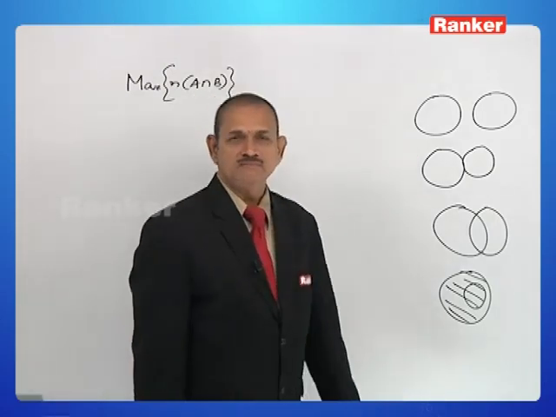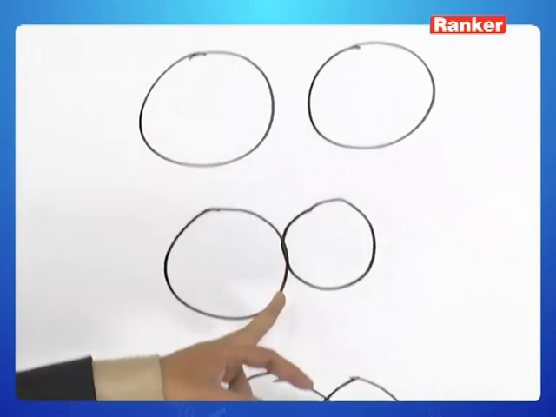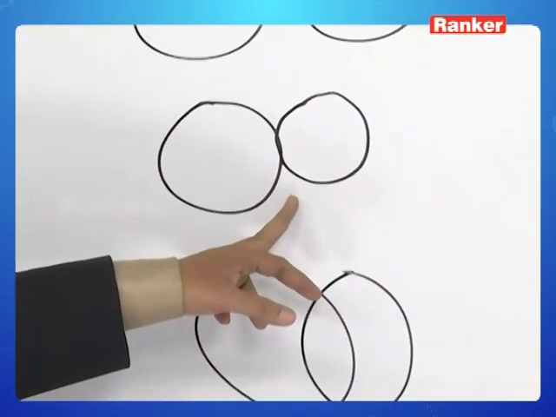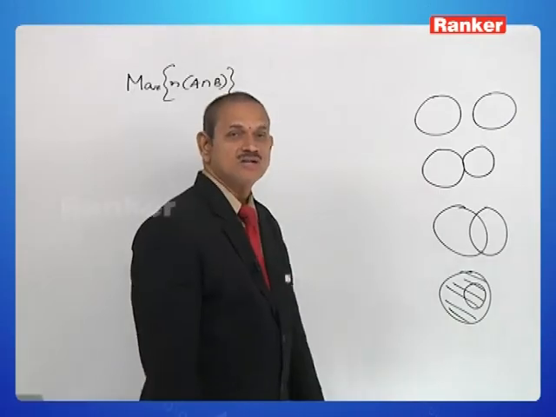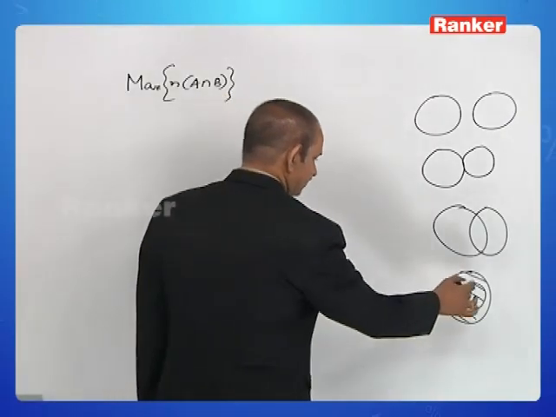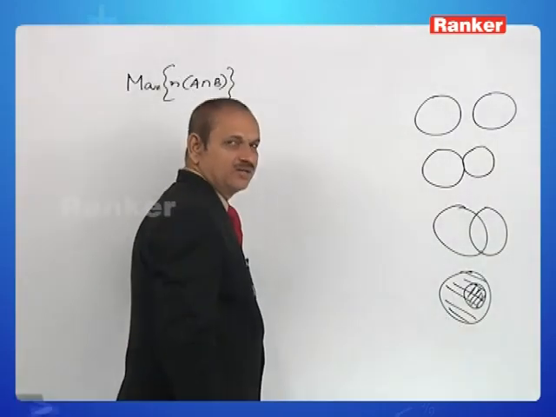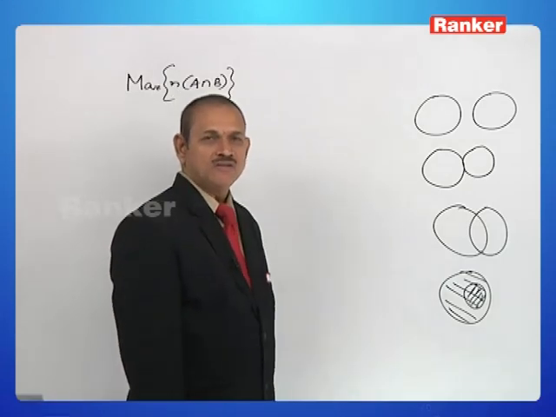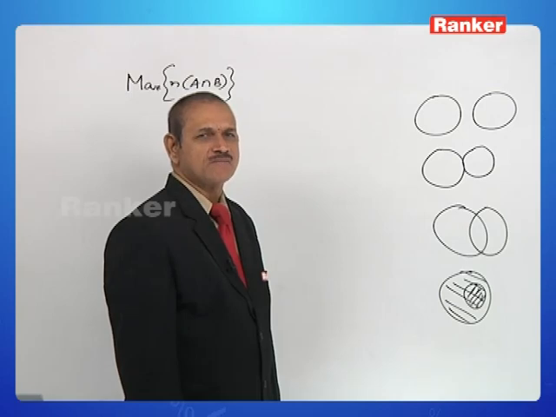Observe these diagrams here. What is n of A intersection B? 0. Here something increased, further increased, full increase. What is n of A intersection B? Here this is A intersection B, isn't it? This is A intersection B. So out of all these diagrams, you can easily tell when n of A intersection B is maximum.